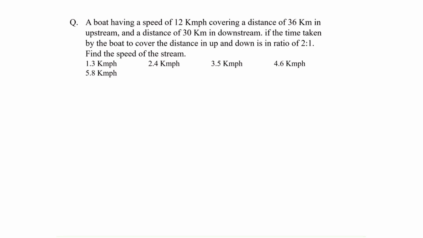The speed of the stream is unknown, so let us take it as C. Speed of the stream C for current. So 36 km upstream, so 12 minus C, and 30 km downstream, 30 by 12 plus C.